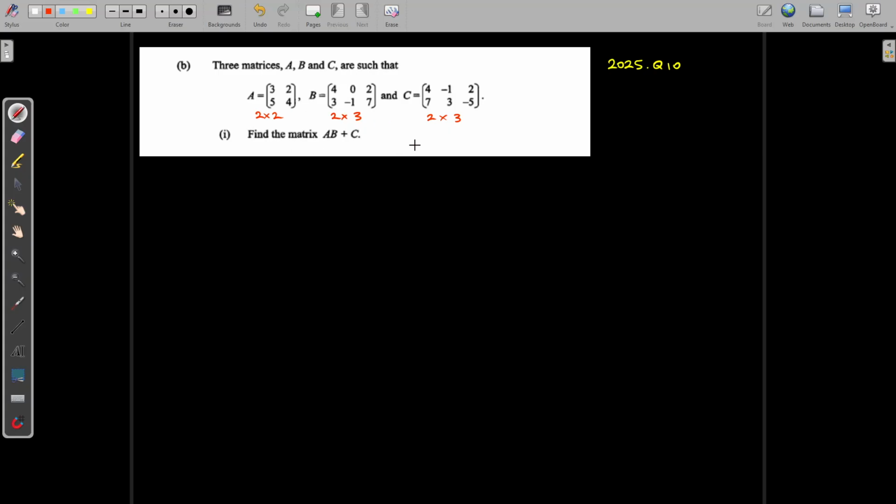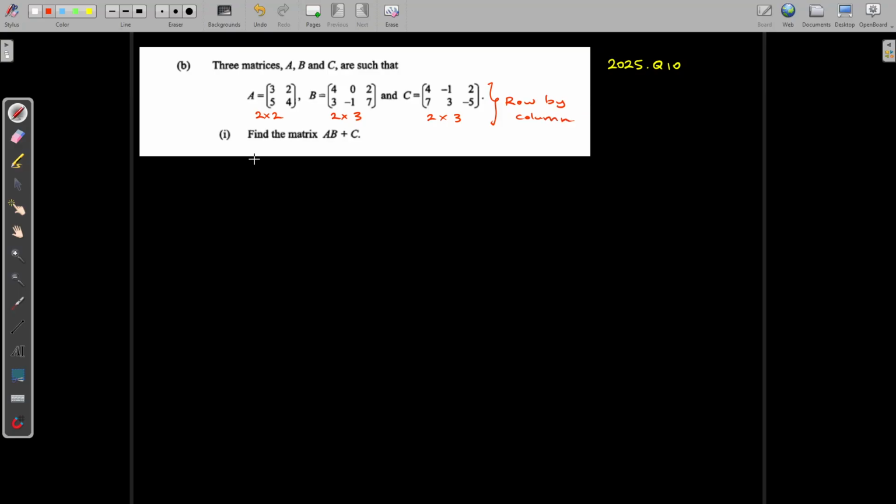So how do we get the order of a matrix? We just look at it and count the columns and the rows, so you know if it's 2 by 2 or 2 by 3. So row by column.